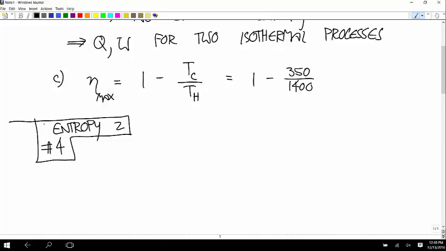So this one says air at a pressure of, at the start, let's say P inlet is 600 kilopascals, and the temperature at the inlet is 330 Kelvin.